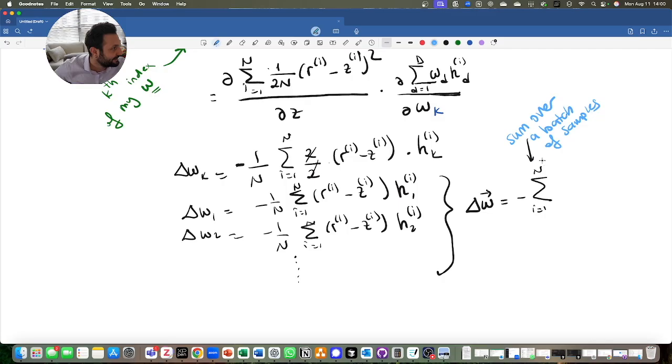So this n can be something smaller, m, and of course 1 over n of them, r of i minus r of z of i, whatever the error that it generates, times h of i.